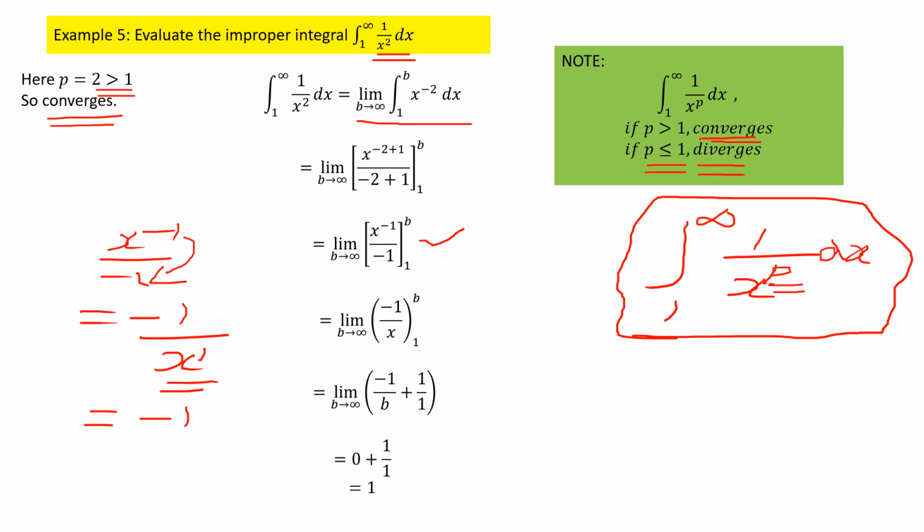This is nothing but minus 1 by x. Then in this x, I substitute the upper value b and the lower value 1. That will give you minus 1 over b plus 1. Now last step, I apply b value as infinity. I will get the first term as 0. Then I can say the final answer is 1.